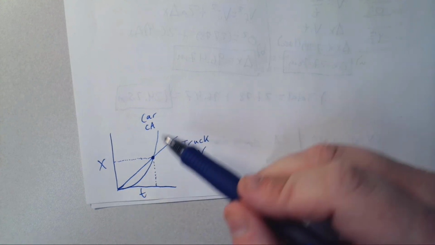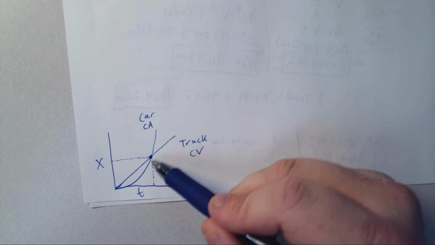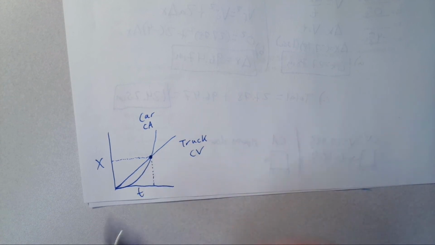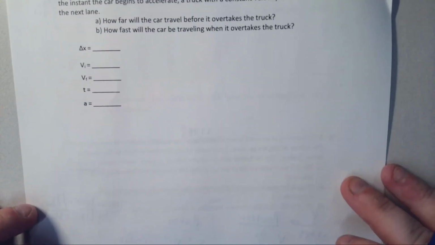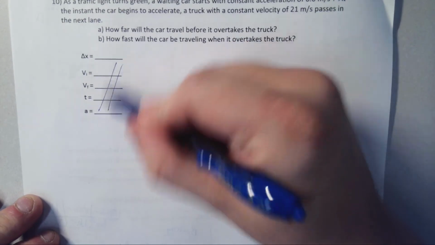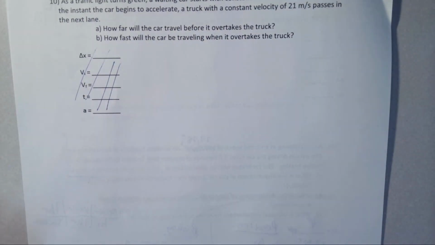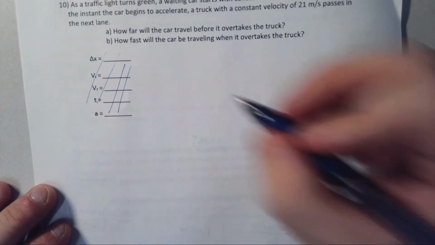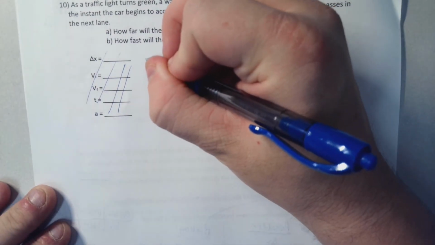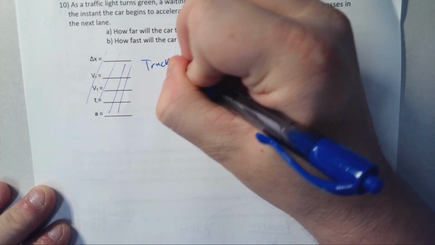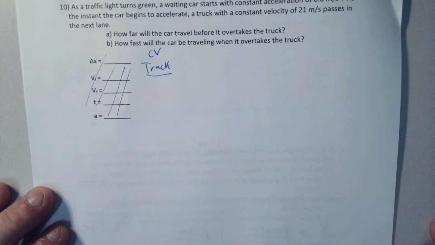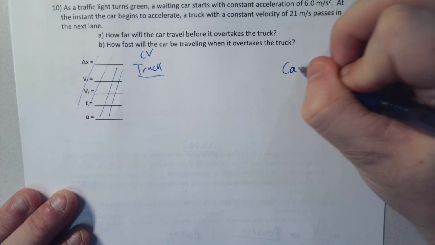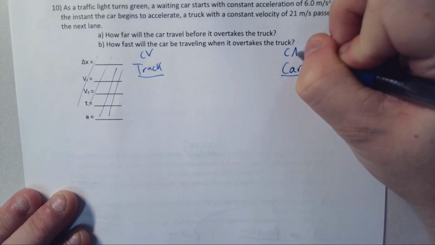Now, they're not going the same speed. You can see the slope of the car here is steeper than the slope of the truck, and we'll actually see something interesting I was alluding to with Reese earlier. I'm actually not going to use this graph because we have a couple things going on. Let's split this up between looking at the truck, which is constant velocity, and the car, which is constant acceleration.